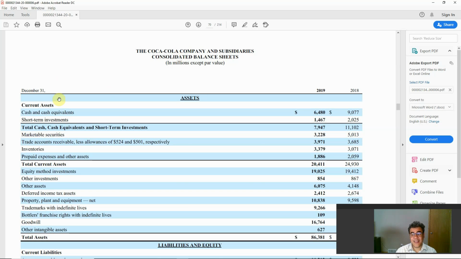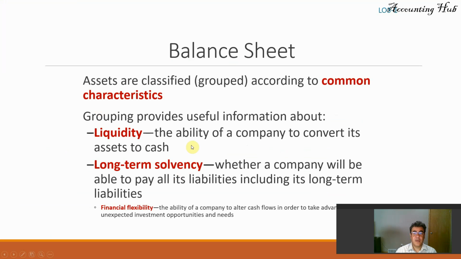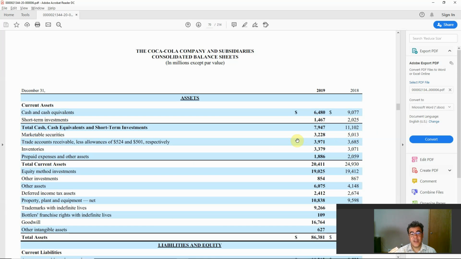So current assets are based on liquidity, the ability of a company to convert its assets to cash. So when this conversion to cash takes less than one year, we say that it is a current asset. If we don't know, or it takes more than one year, then it is a long-term asset.